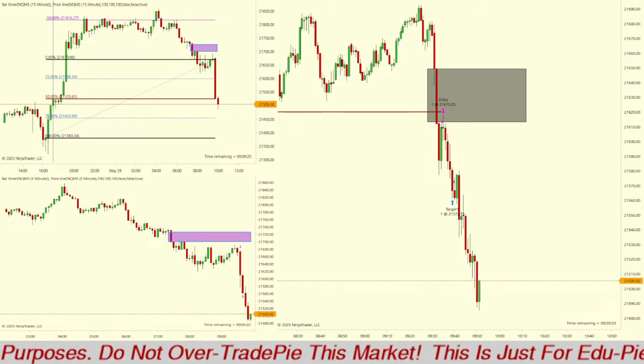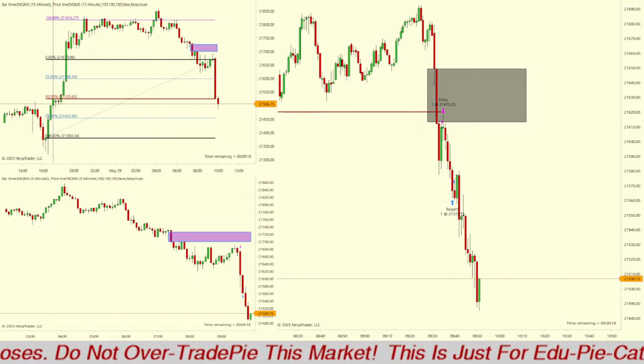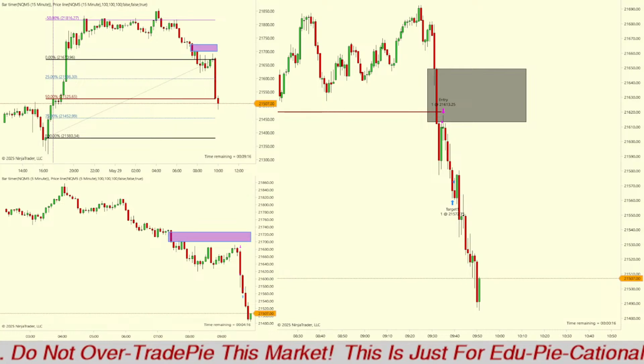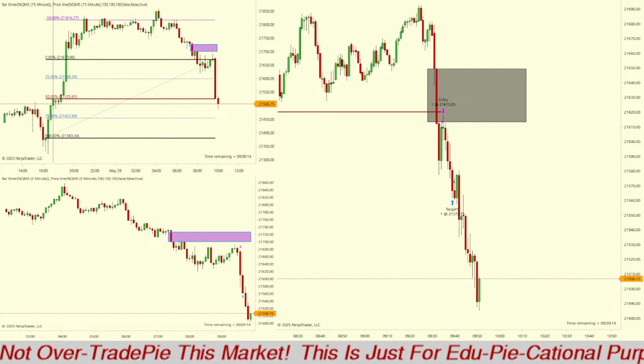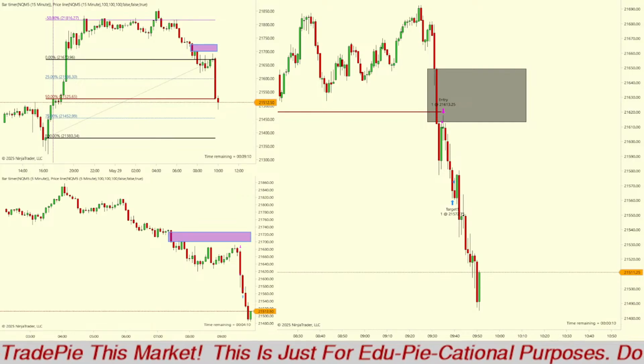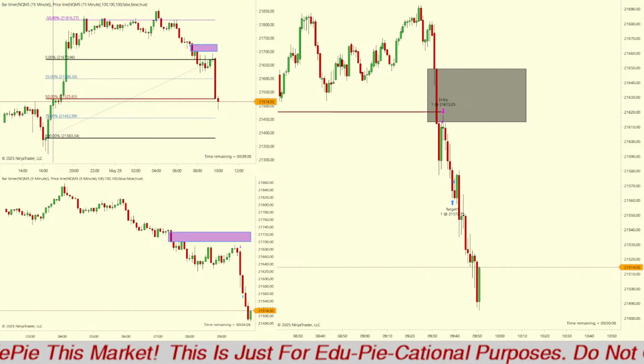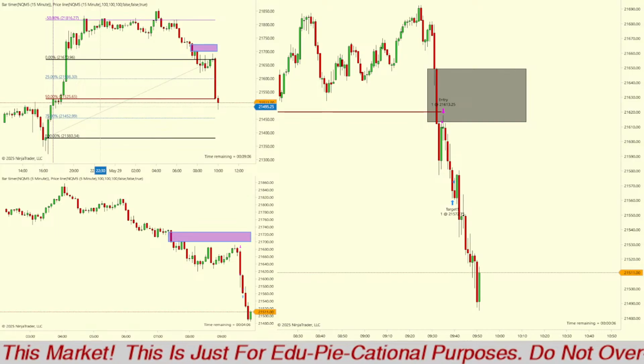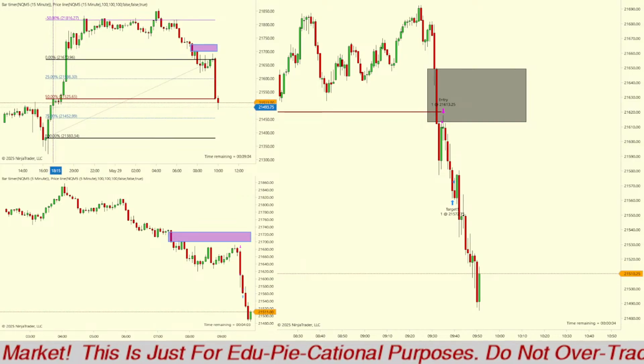So now you see the market is trying to reach the 520 level a little bit, after purging the sell side liquidity below this swing low over here.